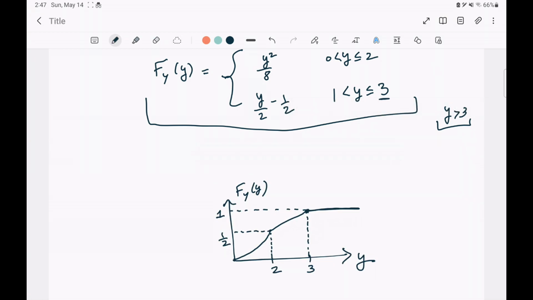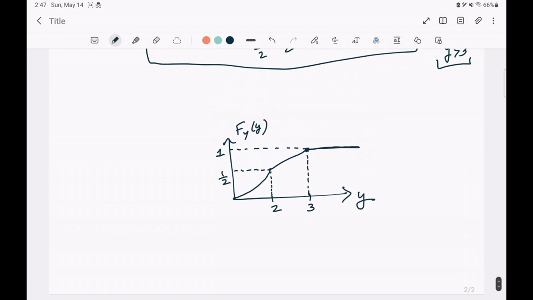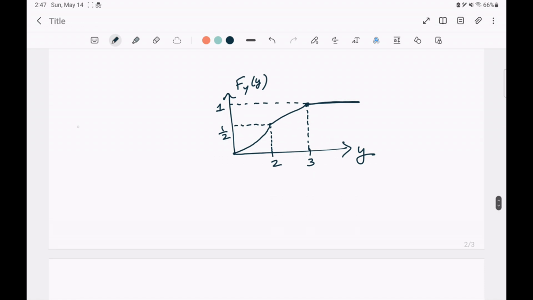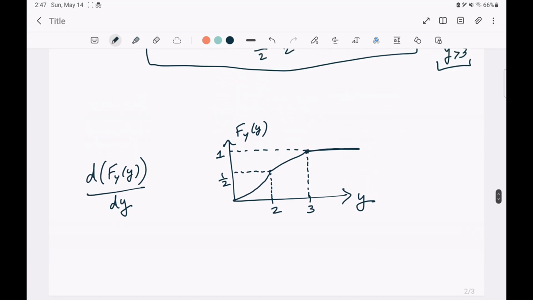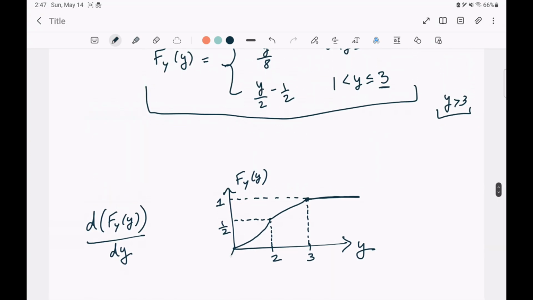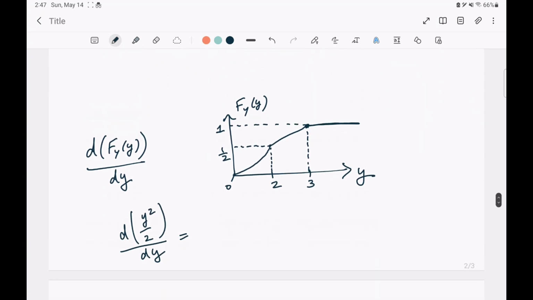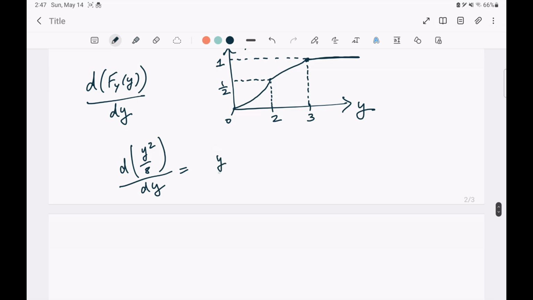Now if I want to find out the probability density function of y, all I need to do is differentiate it with respect to small y. So I'll differentiate the CDF of y with respect to small y and I'll get this. So from the range 0 to 2, it is y square by 8, and if I differentiate it with respect to y, I would get y by 4.